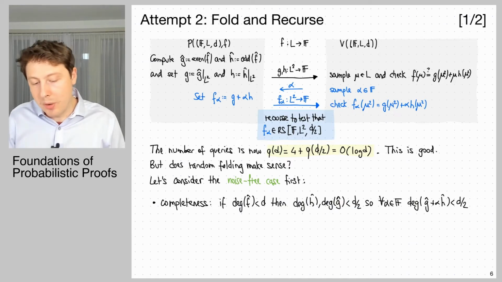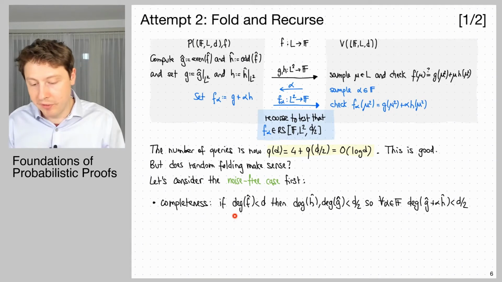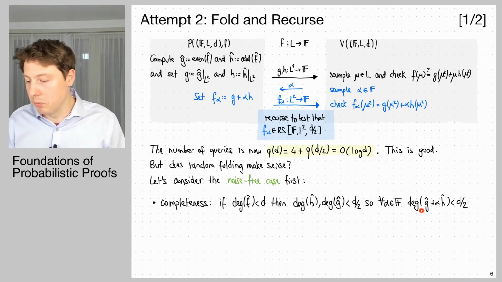First, in completeness, if the degree of f hat is less than d, then we already discussed that the degrees of h hat and g hat are strictly less than d over 2. Taking a linear combination shouldn't change the degree. It doesn't, so that's fine.